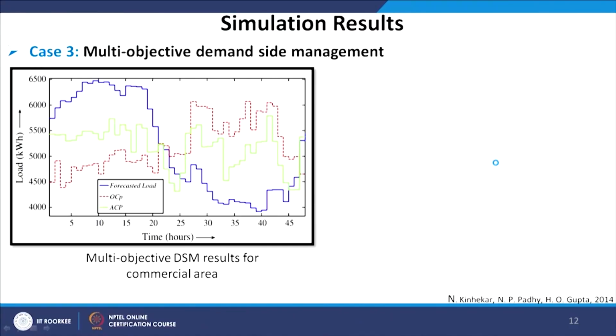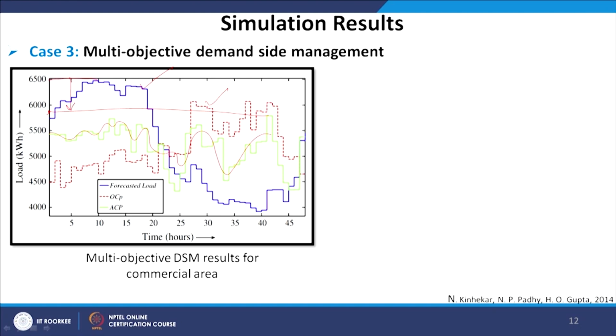Now, if you combine both utility and customers goal, we can see the green characteristic which is in between the main objective, the actual load curve and the desired load curve, and here also the peak load comes out to be 5,800, whereas the actual was close to 6,400.